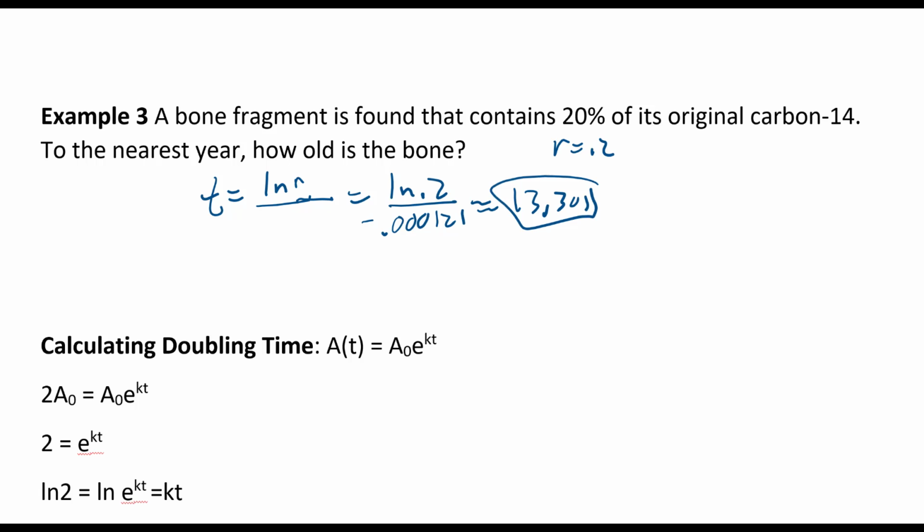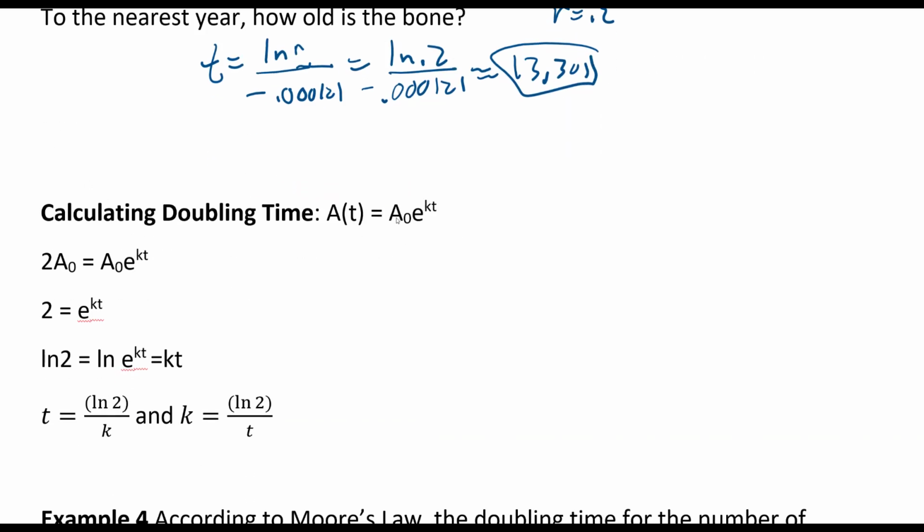Let's talk a little bit about calculating doubling time. So A of t is A sub 0 e to the kt, same formula. Now we're doubling it, so if we divide those A sub 0s out, we get 2 equals e to the kt.